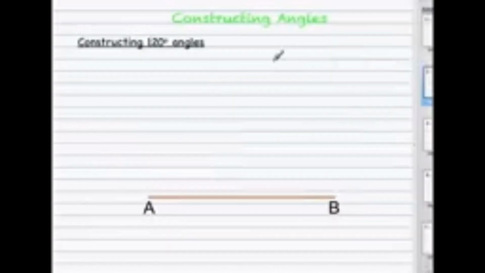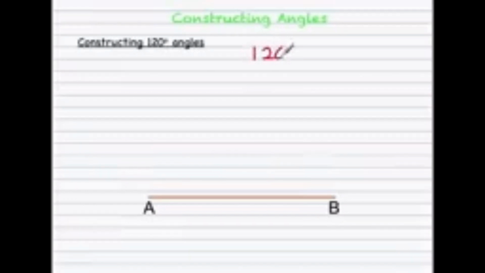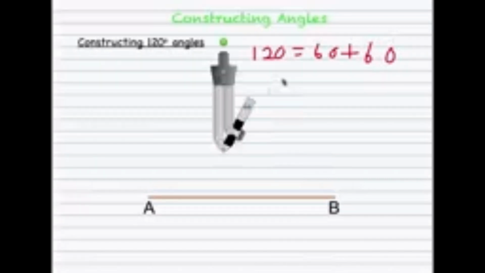Let me move on now to the construction of a 120 degree angle. Now I'm thinking about 120 degrees as 60 degrees plus 60 degrees. So if I could first draw a 60 degree angle and then draw another 60 degree angle on top of that one, then I would have created 120 degrees. So the first thing we need to do is to construct the first 60 degree angle.